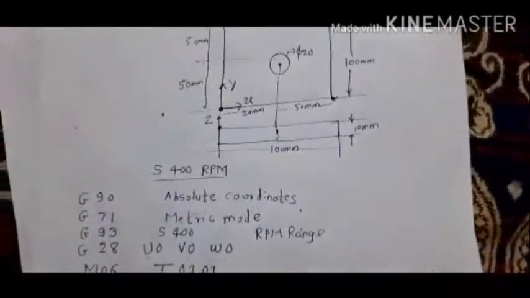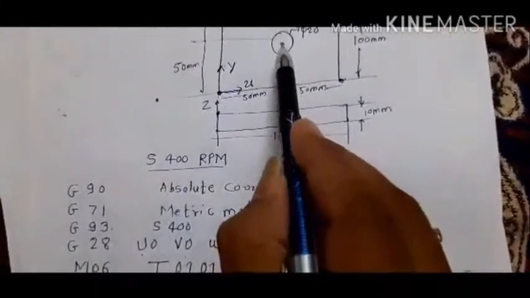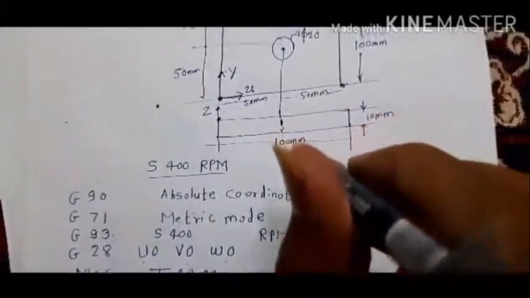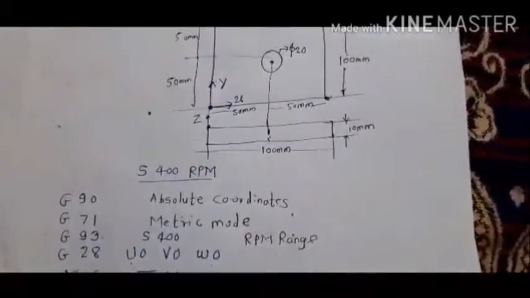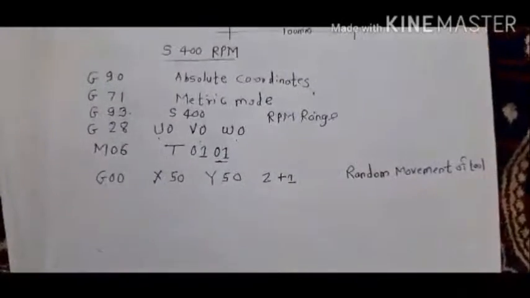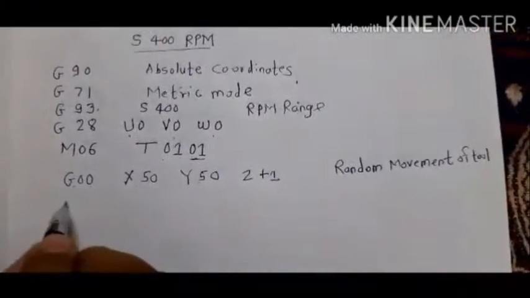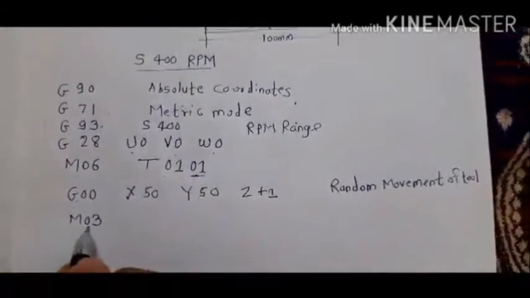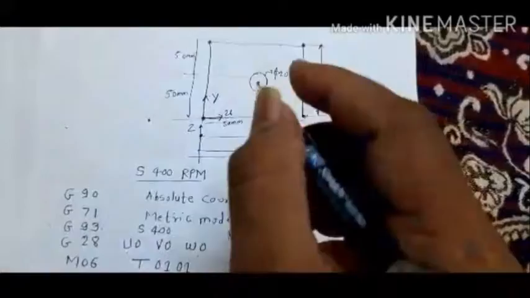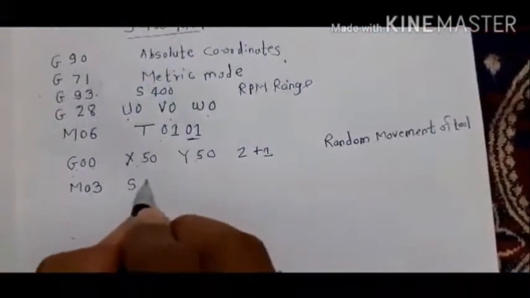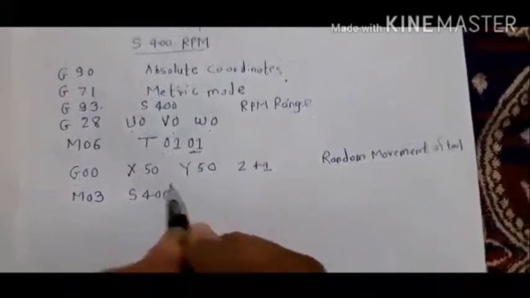Now the next step: from this position we have to insert the tool into the plate so that we can drill the plate. For this purpose we have to start the spindle. This is the drilling operation. For starting the spindle we use the code M03. M03 is used to start the rotation of the spindle, and we will write a spindle speed as 400.